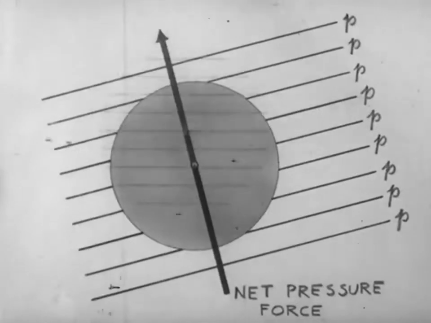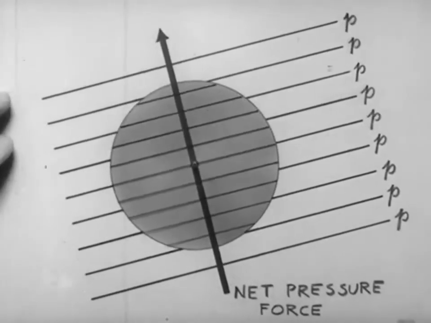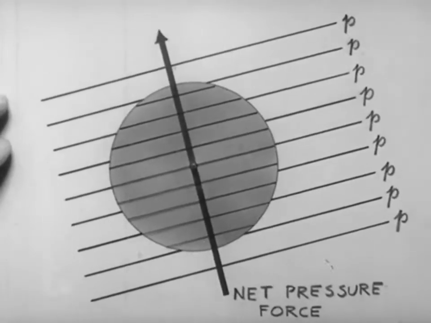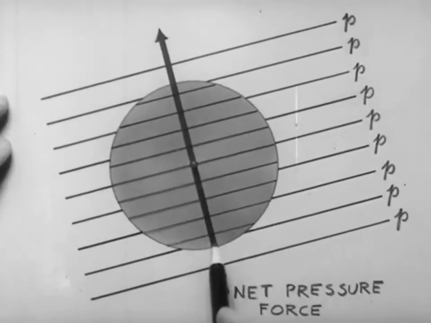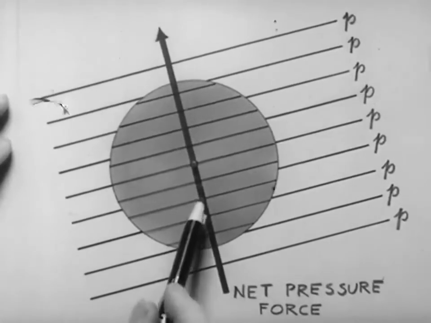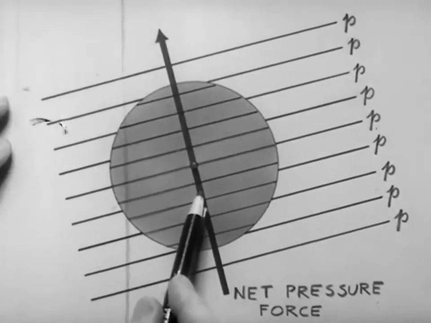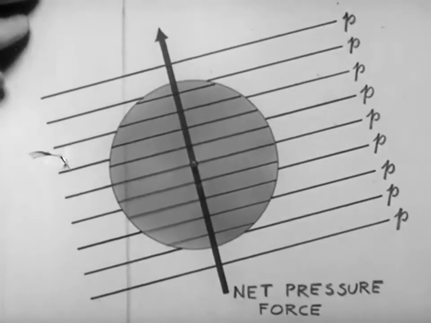Now let these be the lines of constant density in the fluid particle. If the density lines are parallel to the pressure lines, we call this a barotropic situation. The center of gravity of the fluid particle must lie on the line of the pressure force, so the pressure force produces no torque about the center of gravity. But now suppose that these lines are tilted.